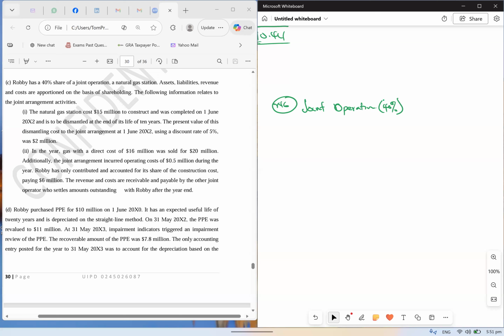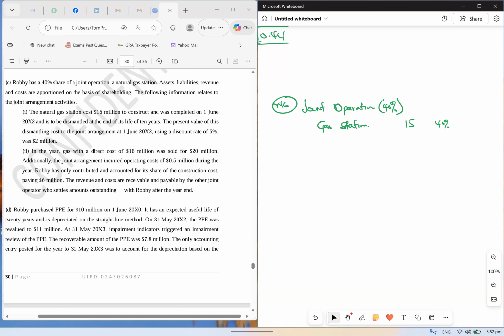So they are acquiring a gas station. The gas station that you see is an asset. The gas station is 15. Remember, everything that is there, the chairman will take his portion of it. Everything that is there, the chairman owns 40% of it. So please do 40%. Everything, the gas station.